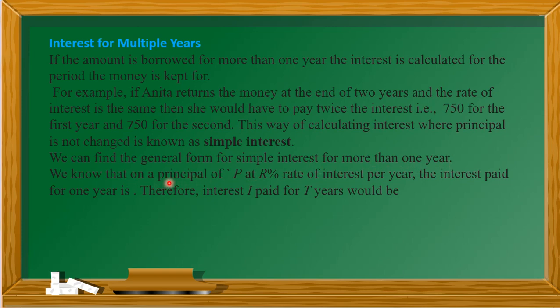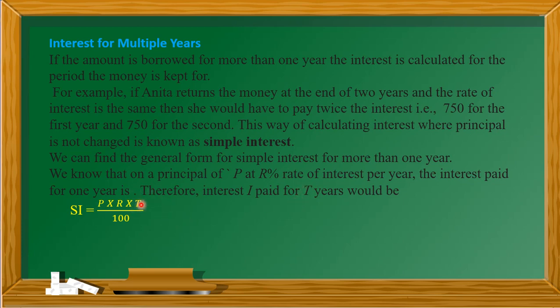As the principal is P and rate percent is R, the interest paid for 1 year, we know, is P into R upon 100, and I is denoted for the interest, or we can write SI also. So SI is equal to P into R into T upon 100. Here T is the time period, how many years.